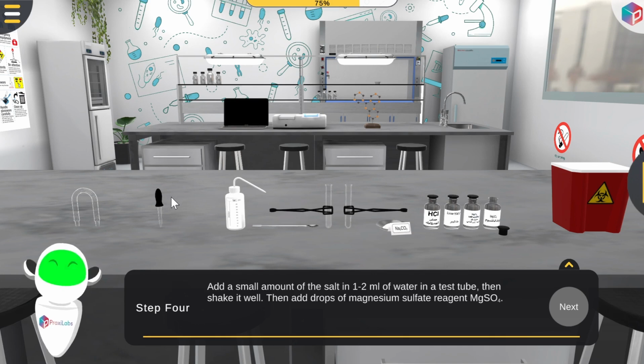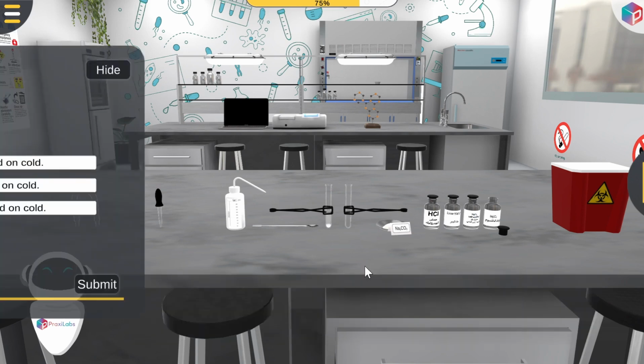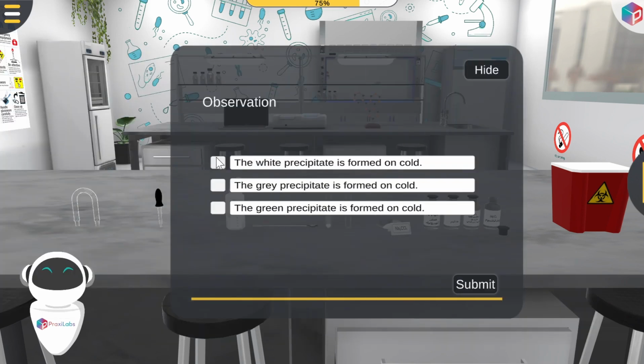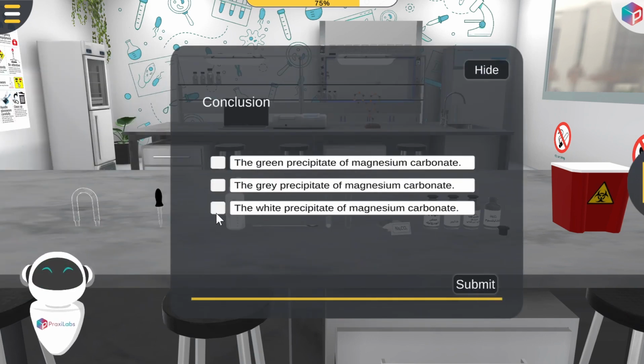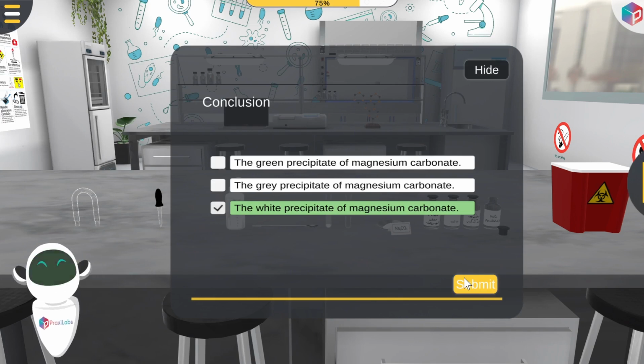Add drops of magnesium sulfate reagent. Observation: a white precipitate forms when cold. Conclusion: the white precipitate of magnesium carbonate is formed.